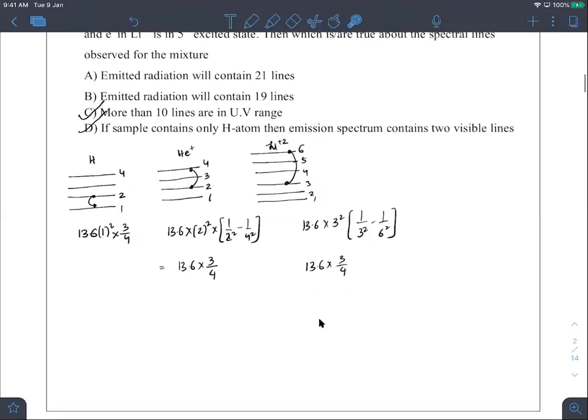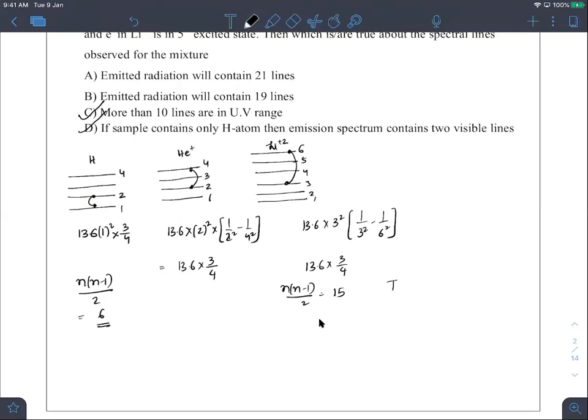So now when you calculate the total transitions coming from 4 to 1, so 4 to 1 here means n into n minus 1 by 2, so which is 4 into 3 by 2, which is 6 spectral lines you are expected here. N into n minus 1 by 2, here 15 spectral lines are expected.